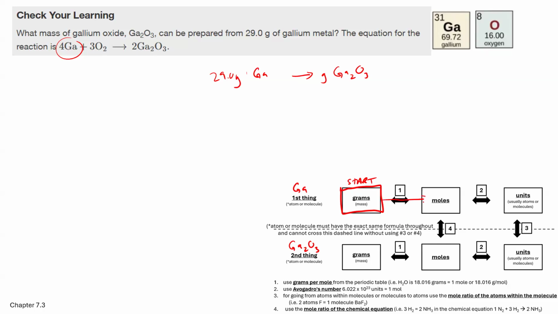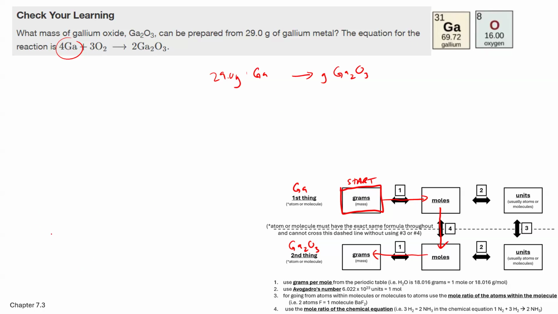Crossing arrow 1 like we did before, we go to moles of gallium. Crossing arrow 4 gives us now moles of Ga2O3, gallium oxide. And then we're crossing arrow 1 again, which is going to be now grams of gallium oxide, right? So another kind of two-part conversion.